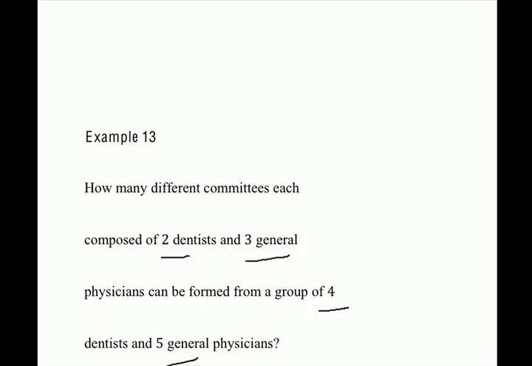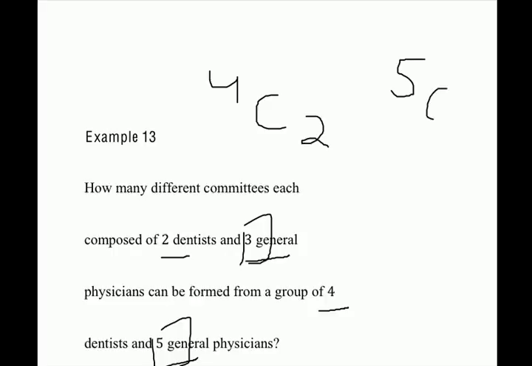You've got 4 dentists. How many ways can you select 2? That would be 4C2. And then you've got 5 general physicians. How many ways can you select 3? 5C3.